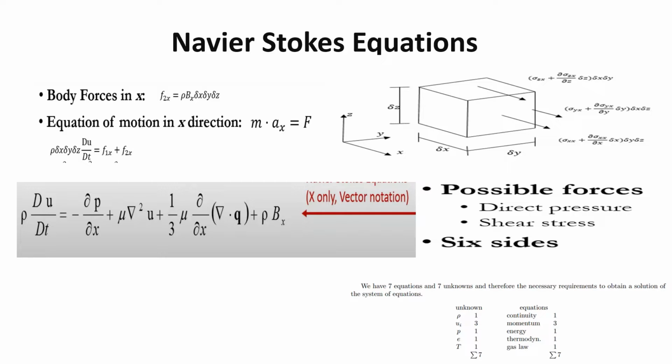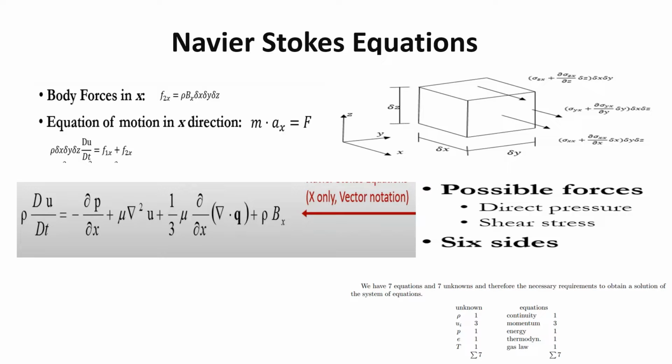So the equation of motion in the x direction is mass times acceleration in the x direction equal to force. Here our mass is density times our three-dimensional cube, dx dy dz, times our acceleration in the x direction. And on the right-hand side we have forces.